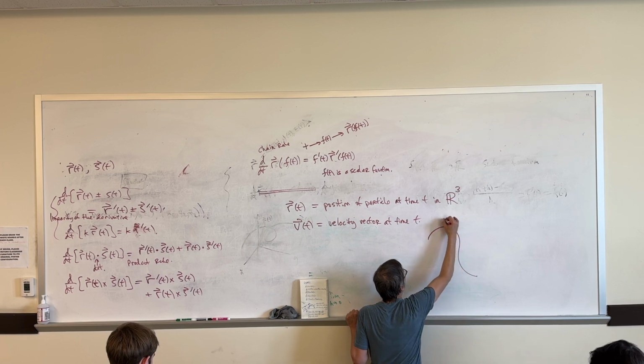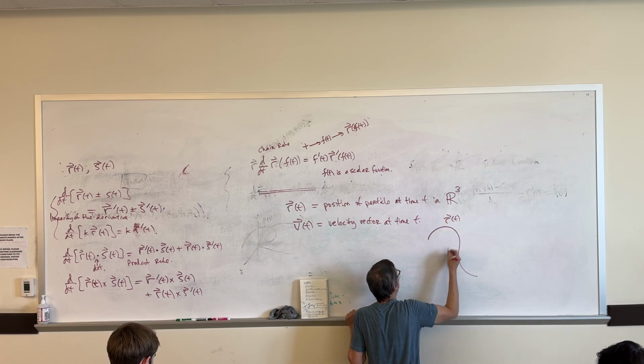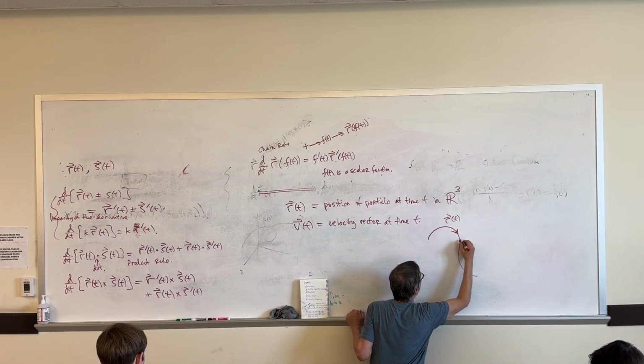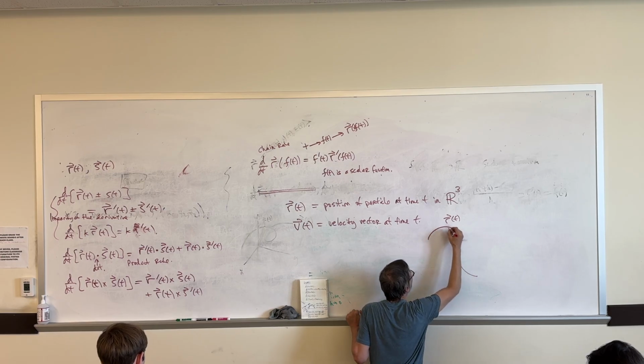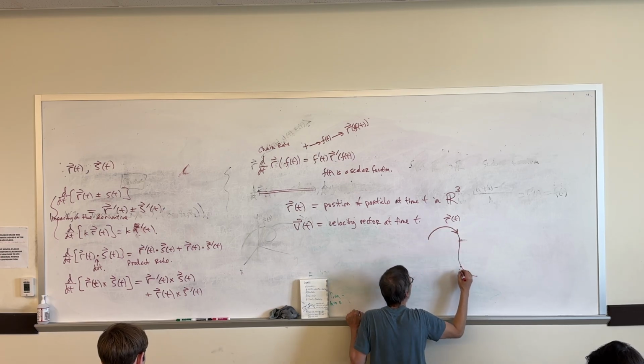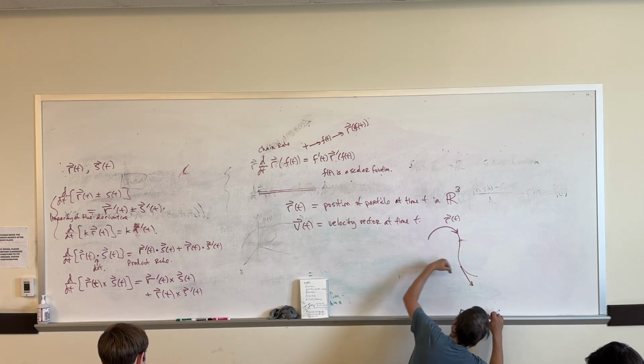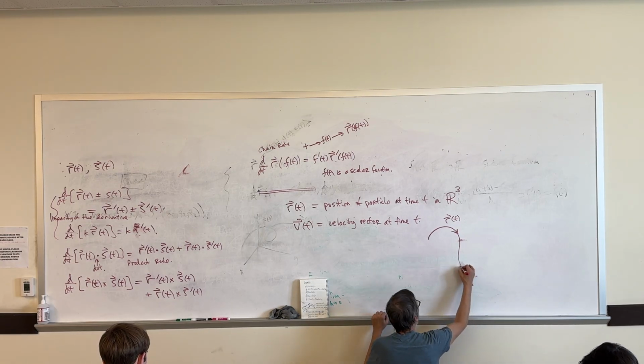So if this is r of t, and you imagine the axes however you want, we're flowing like this. If I'm at some t here, pick a good curvy spot so that the tangent vector can depart from the curve in a way that you can draw.